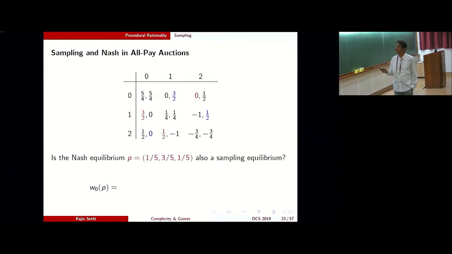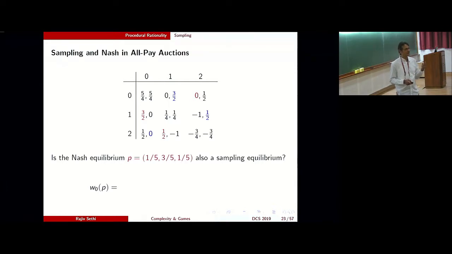When I sample 1, the opponent plays either 1 or 2, and I get this payoff or this payoff, which is lower than 5/4. And when I sample 2, it doesn't matter. If I get 5/4 when I sample 0, there is no way for me to beat that when I sample 2. Is that clear?